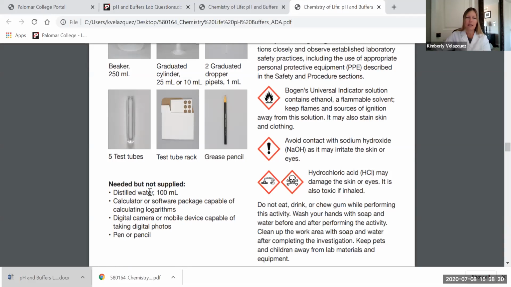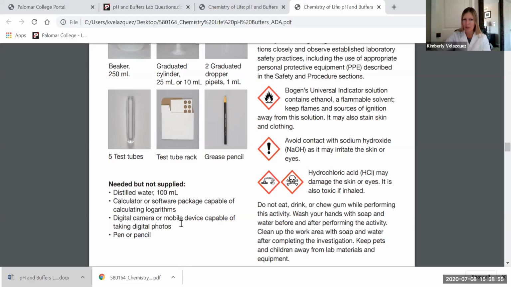Okay, needed but not supplied. Distilled water, you can use tap water for this lab. You do not need to go purchase distilled water. You can use tap water. Calculator, you do need a calculator to calculate your dilutions for the molarity part, but you do not need to calculate logarithms. So you can just use the calculator on your cell phone.